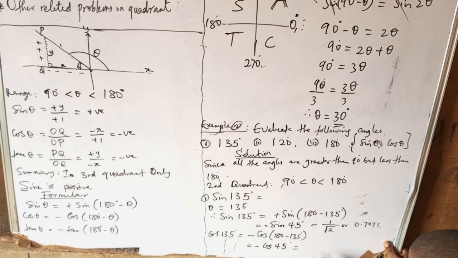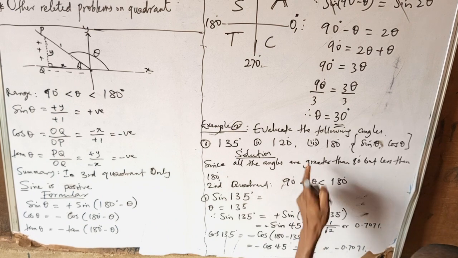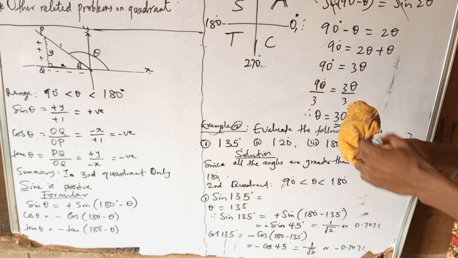And our cos 45 is also the same as minus 1 over root 2, or minus 0.7071.